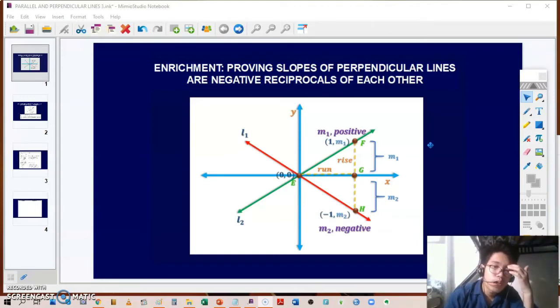But for perpendicular lines, the slopes must be negative reciprocals of each other. So have you ever wondered why that is the case?